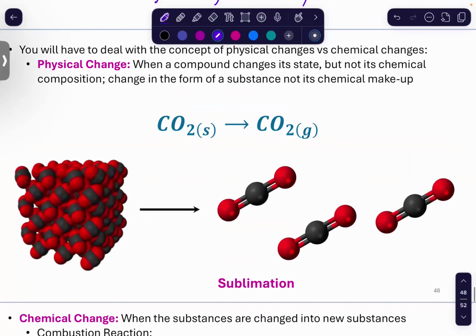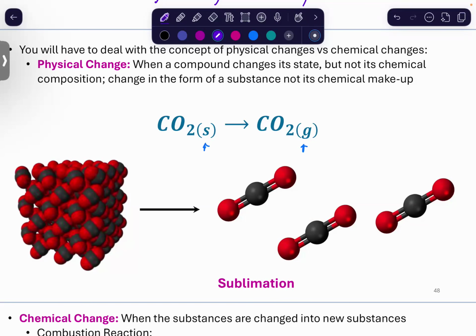You're going to be working with physical and chemical changes. A physical change, your substance doesn't change, it just changes form. And so here you see, this is called sublimation, where you go straight from solid to gas, which I would remember because that's one of the ones that people have a hard time remembering. Sublimation is straight from solid to gas.